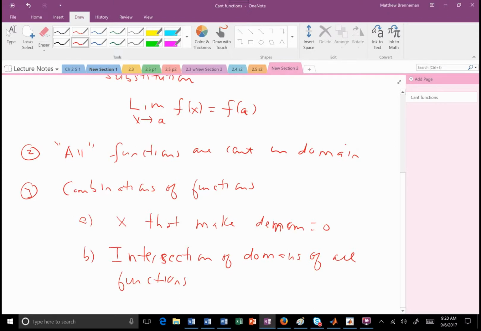Then I can focus on the rest. The ones that are hard are the ones like tangent, where how many points is tangent discontinuous at? Minus pi over 2 and pi over 2. Are those the only two? Periodic. Every 2 pi. So that's the hard one.